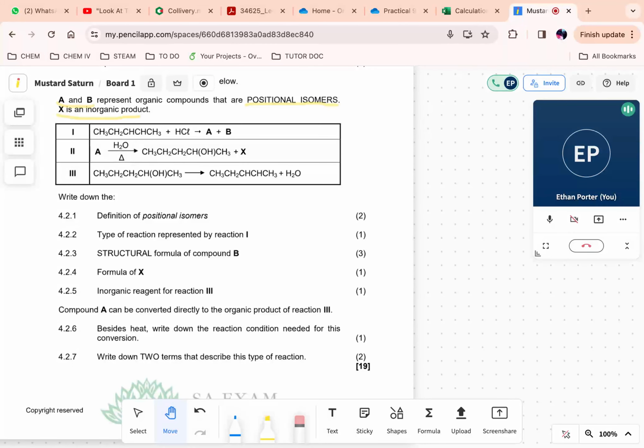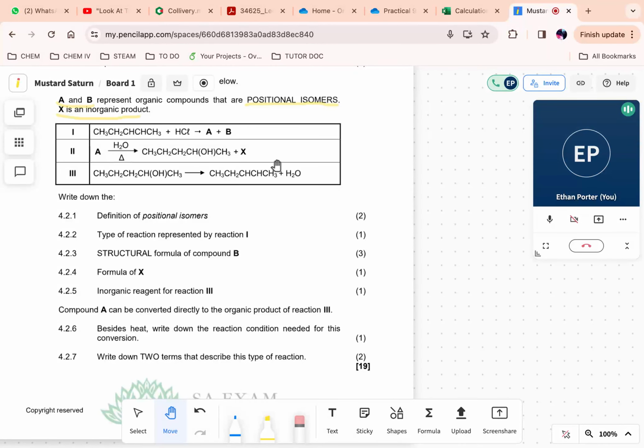This is basically a hydrolysis reaction, which means we're going to add OH and essentially displace the chlorine atom. So if we have HCl added here and then we react with heat and water, this triangle just means heat, and then we basically substitute the Cl for the OH. Essentially, we're going to regenerate HCl.